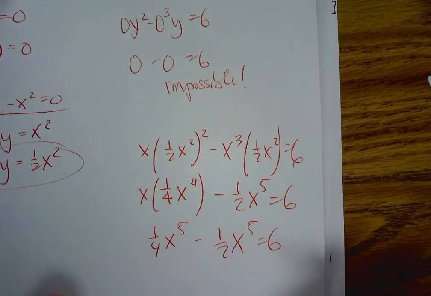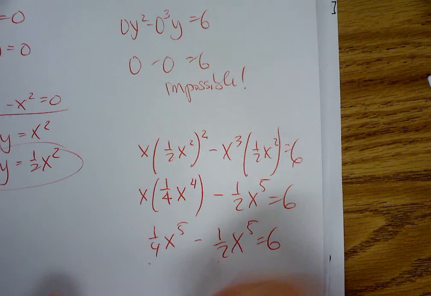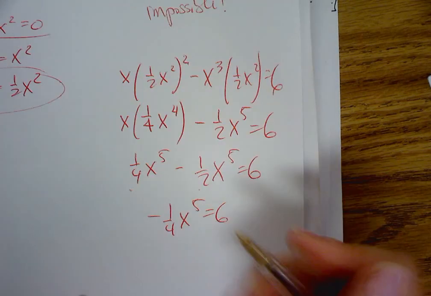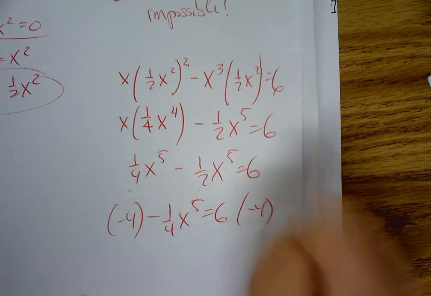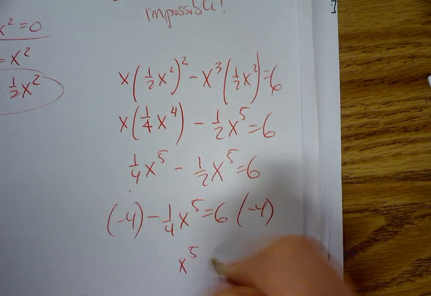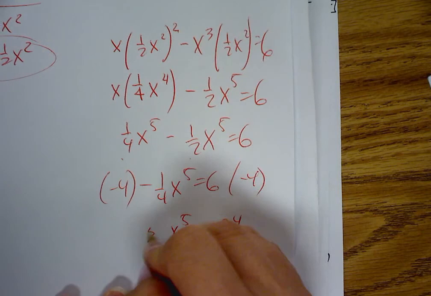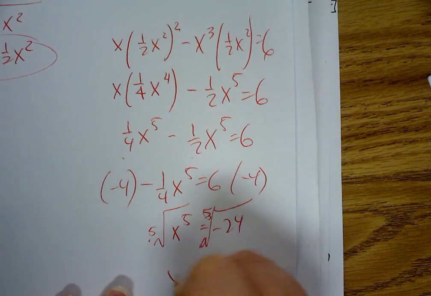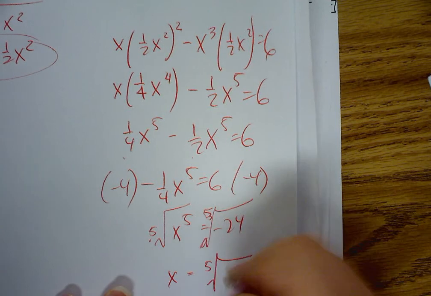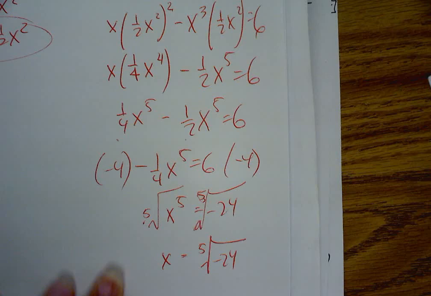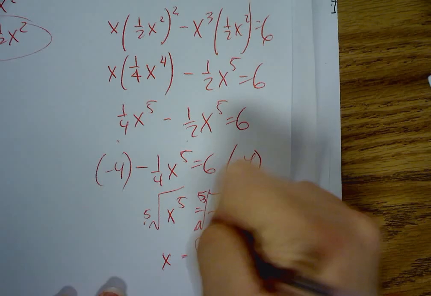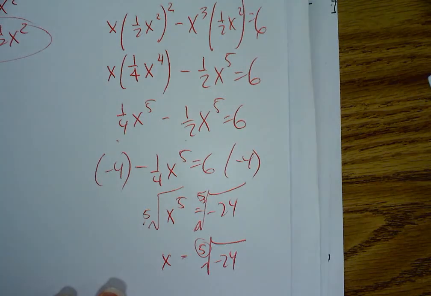So what's 1/4 minus 1/2? Negative 1/4 x to the 5th equals 6. If I multiply by negative 4 on both sides, I get x to the 5th equals negative 24. And if I take the 5th root of both sides, x equals the 5th root of negative 24. Can I have a negative under the 5th root? Yes, because it's an odd root, since odd powers give you negative numbers.